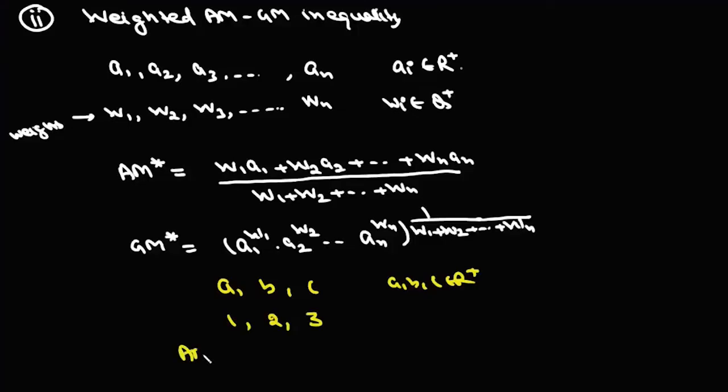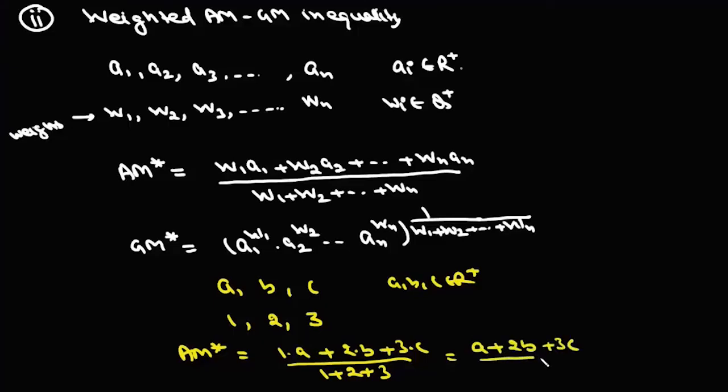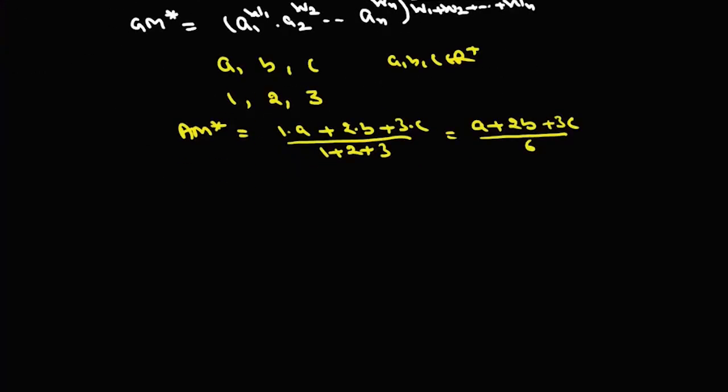Then we can write their weighted AM as 1 into a plus 2 into b plus 3 into c upon 1 plus 2 plus 3, and there will be a plus 2b plus 3c upon 6, and we can write their weighted GM as a to the power 1, b to the power 2, c to the power 3, whole to the power 1 upon 1 plus 2 plus 3, and there will be a b square c cube to the power 1 by 6.